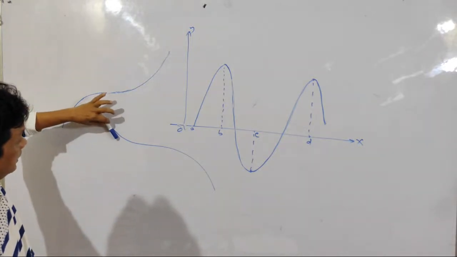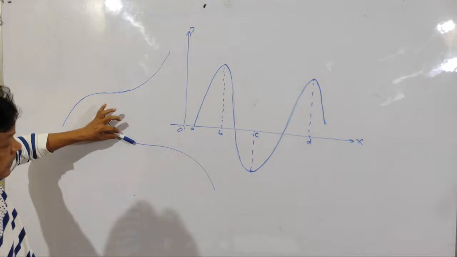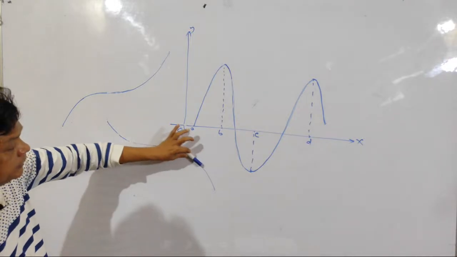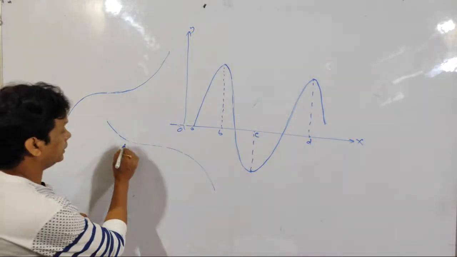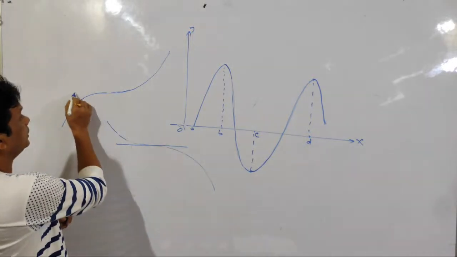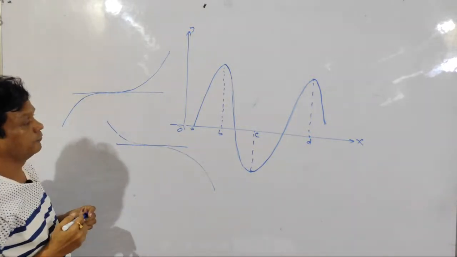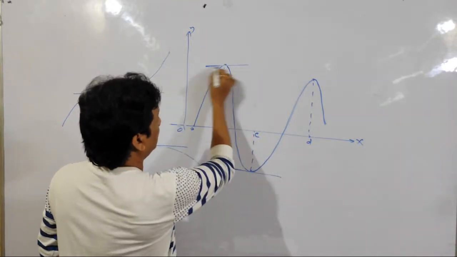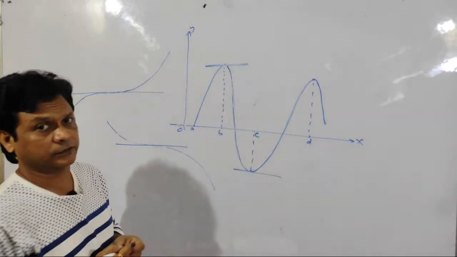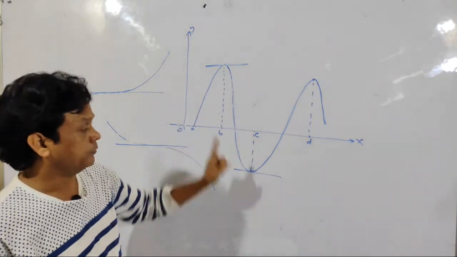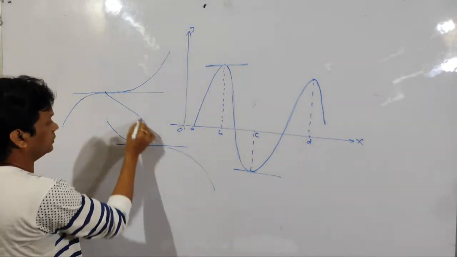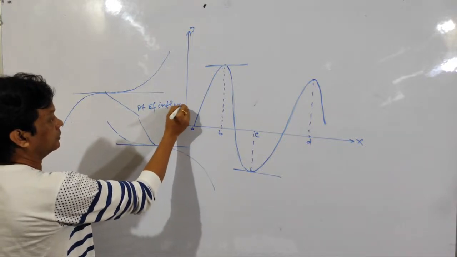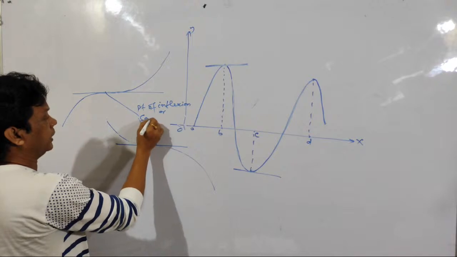Here also see here, the tangent will move like this, and at this point it will be parallel to x-axis, and then it moves in this direction. So here the tangent is parallel to x-axis, here also the tangent is parallel to x-axis. That means there are 3 points where the tangent is parallel to x-axis: at the point of maxima, the point of minima, and these 2 points are called the point of inflection or saddle point.